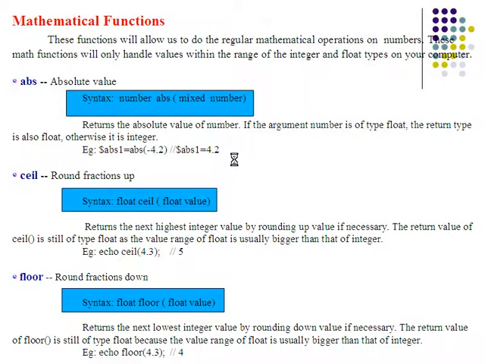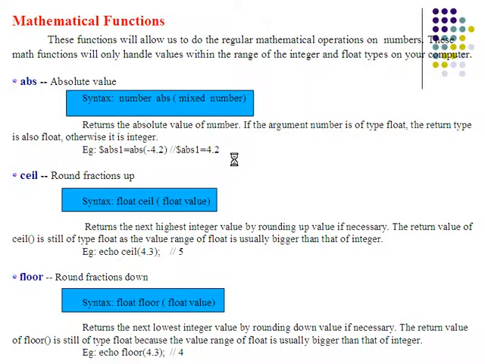The next function is floor. The function floor rounds fractions down. It does exactly the opposite of the function ceil. So it returns the next lowest integer value by rounding down if necessary. Again, the return value of floor is float because the value range of float is usually bigger than that of integer.